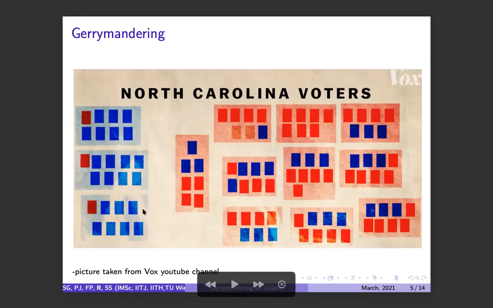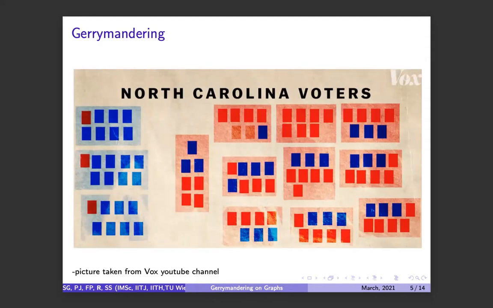As you can see, there are 3 districts where the blue candidates win, and all the blue voters are very densely packed inside these 3 districts. And the remaining seats, the voters who are voting for the red candidates are distributed. And this is how the red candidate wins a lot of seats.